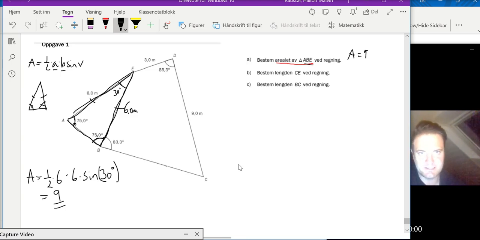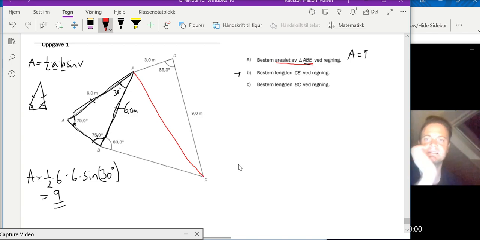Then the next exercise: find the length of CE. That is this side here. Let's take this in red here. This side CE. Find this length. And remember, we have two weapons here.